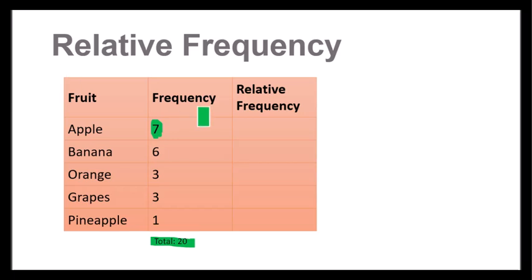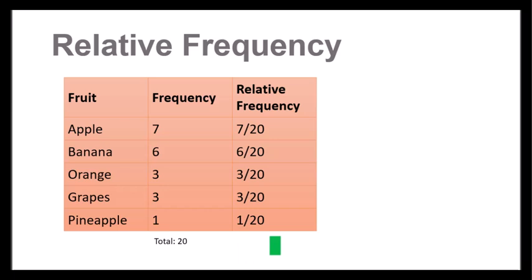And I can just put this in as a fraction, for example. 7 out of 20 is the relative frequency here. And then compute the same thing for the other groupings. So for banana, I have 6 out of 20, orange 3 out of 20, grapes 3 out of 20, pineapple 1 out of 20.